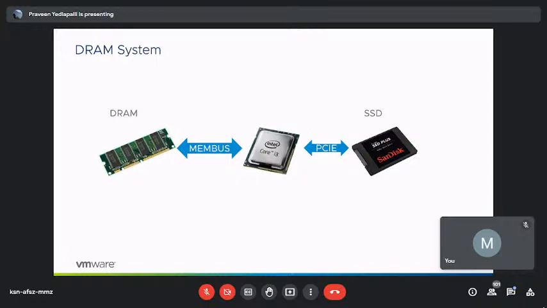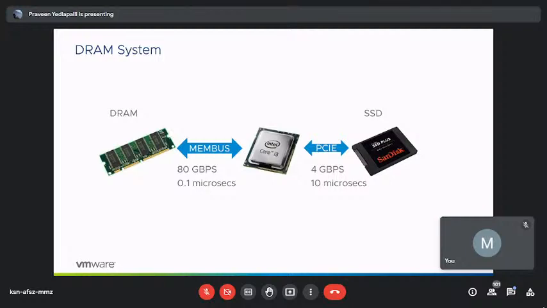The main difference between these two is PCIe bus is much slower compared to memory bus. Here, you can get 80 Gbps on the memory bus, but on the PCIe bus, it's only 4 Gbps. And also the latency is like 100 times slower on the PCIe bus. So instead of 0.1 microseconds, any read or write will take 10 microseconds. That's like 100 times slower. So that's how the DRAM and SSD sit in a system, motherboard. And that's the speed difference between them.